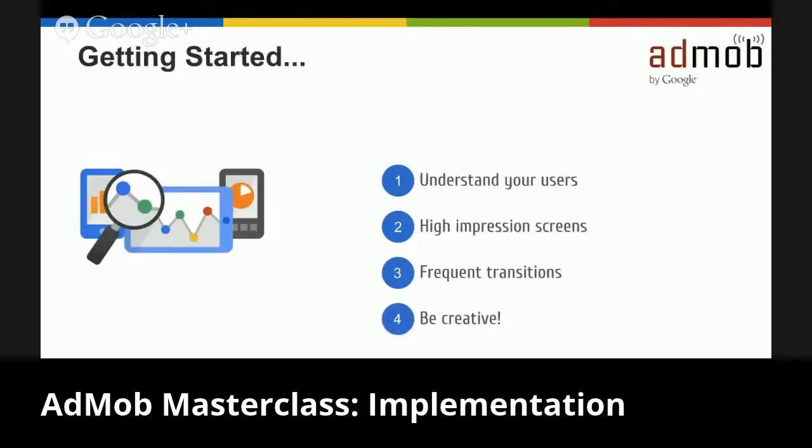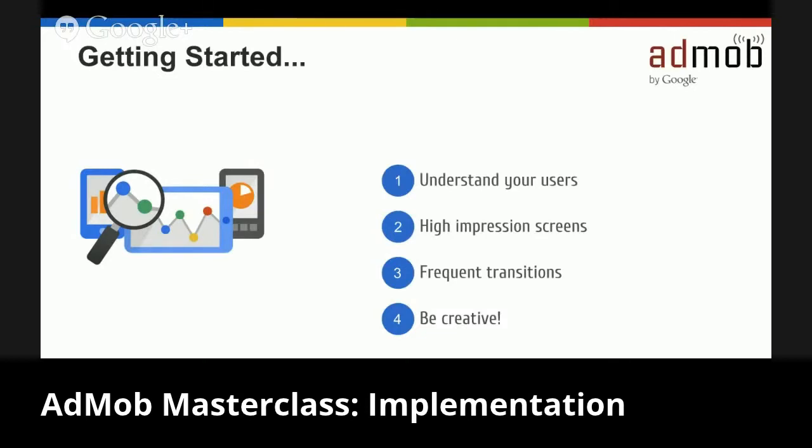So getting started, let's take a step back even further and let's think about something. Making money through AdMob is all about understanding your users and what they actually want from your content. So before you implement AdMob and you think about new ways of monetizing your app, you really should be able to understand your users and decide what it is that they want out of your content and how they're using your content. I'll be touching on this in another session later on about Google Analytics, but it's really important to analyze your data.